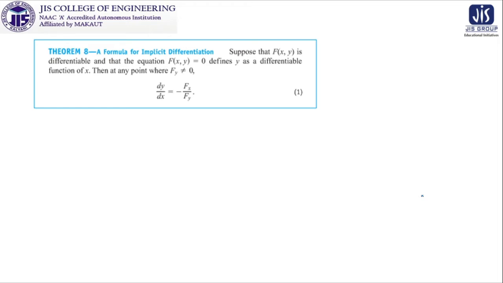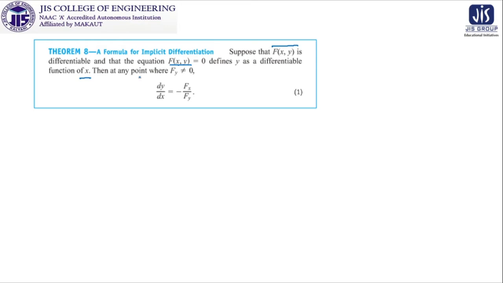Here we are saying that if f(x,y) is a differentiable function and the equation f(x,y) equals 0, then it defines y as a differentiable function of x. Please try to understand. We have one expression related to x and y.